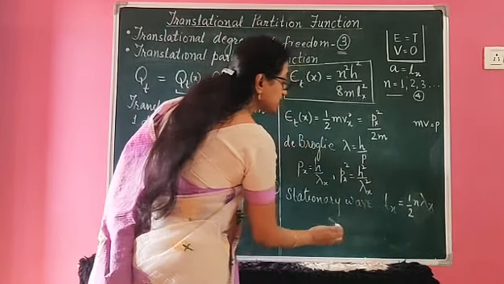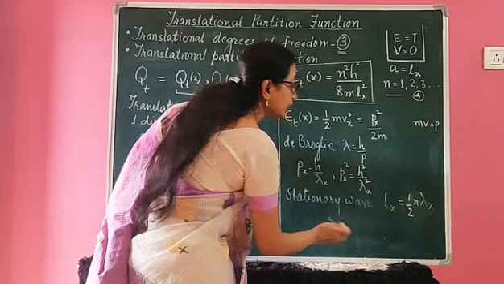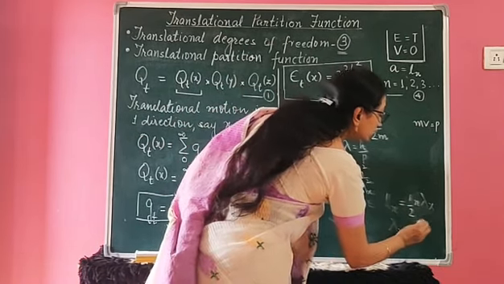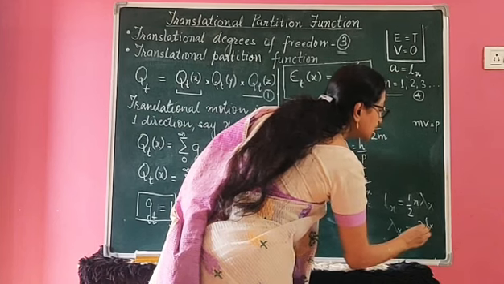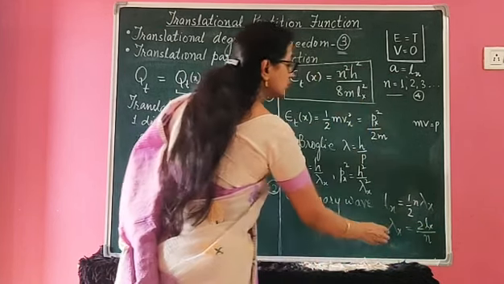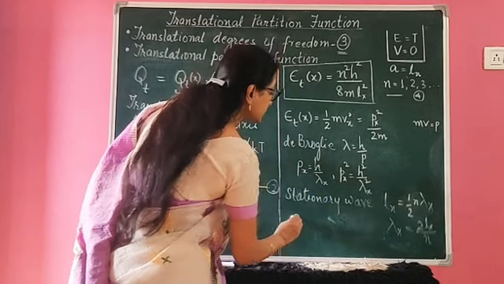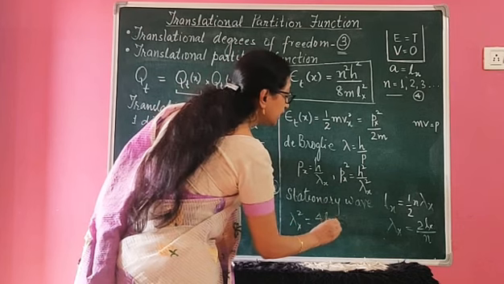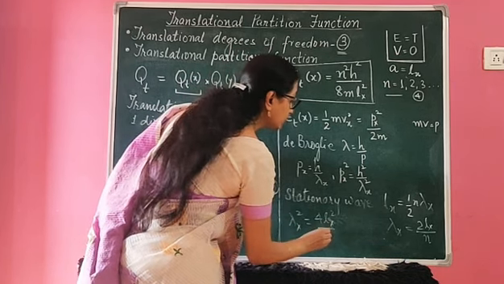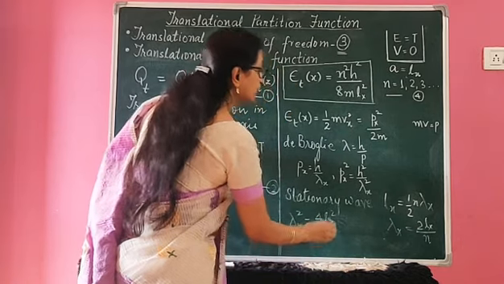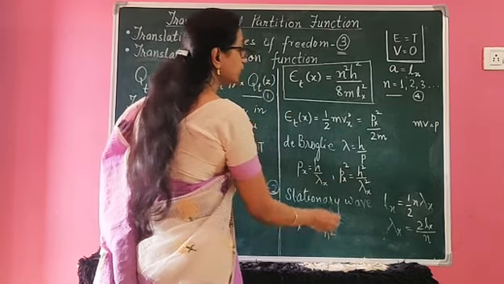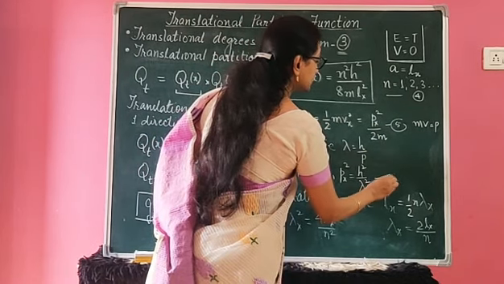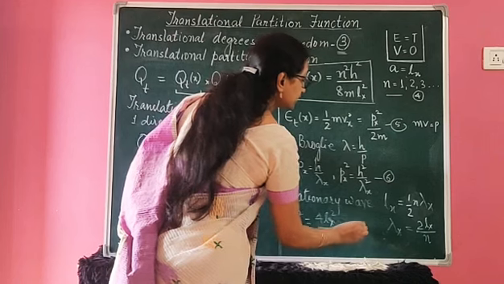So lambda x is equal to 2 Lx upon n. Square of this will give lambda x square equal to 4 Lx square upon n square. So we can substitute this value. Let this be equation number 5, this 6, this is 7.